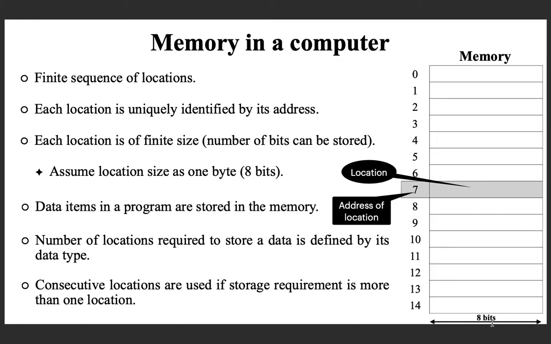And when a data item like an integer requires more than 1 byte of storage, then consecutive locations are used. For example, if you start storing an integer at location 3, locations 3 and 4 together will be used to store an integer because 2 bytes are required.